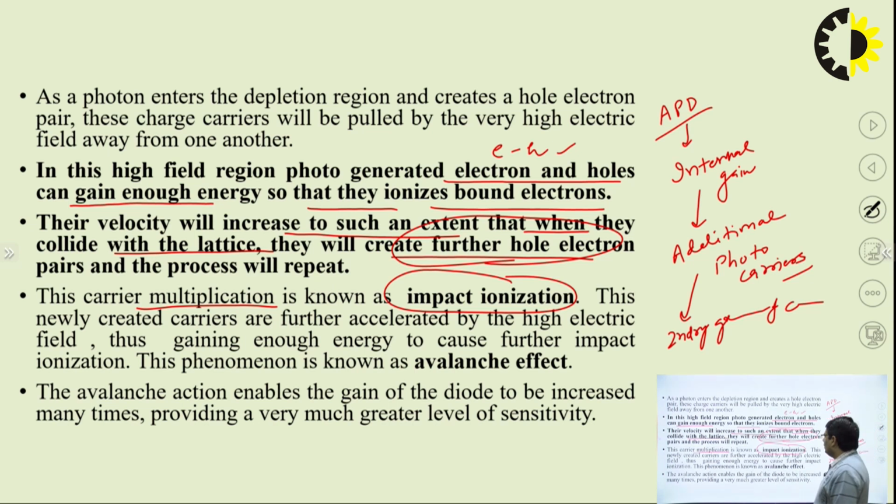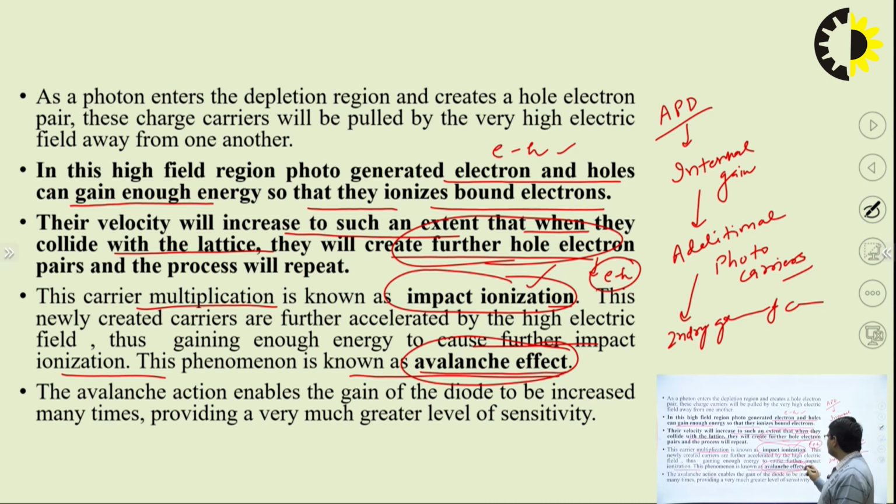Now, under the effect of high reverse bias, the photocarriers generated through impact ionization cause more and more photocarriers, and this effect is known as the avalanche effect. So first, by the absorption of photons, an electron hole pair is generated, and under reverse bias they gain enough energy to generate more and more electron hole pairs. This is known as impact ionization, and after impact ionization they further generate more and more photocarriers.